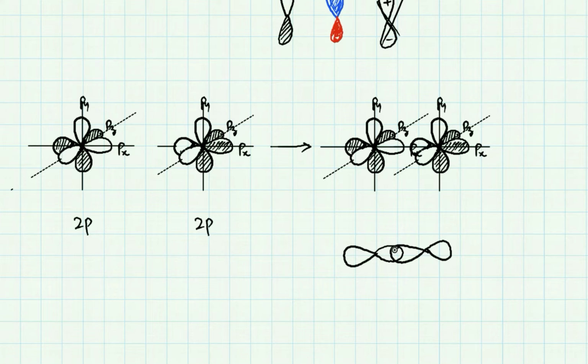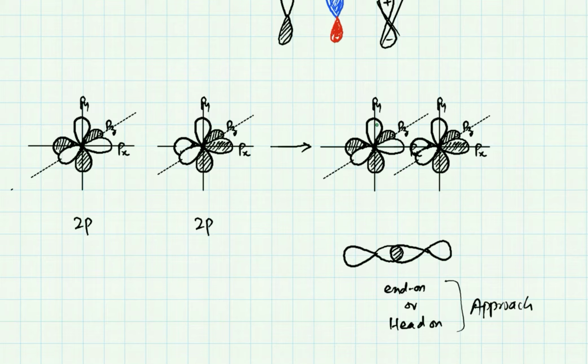That is, this is the end-on or head-on approach.